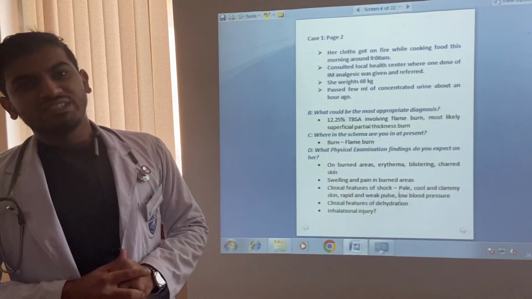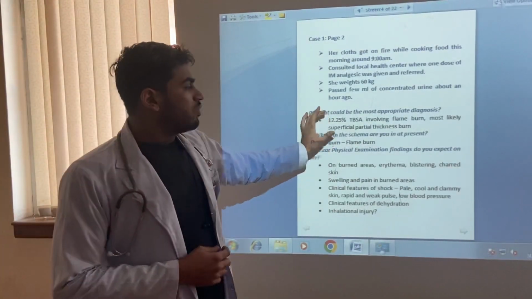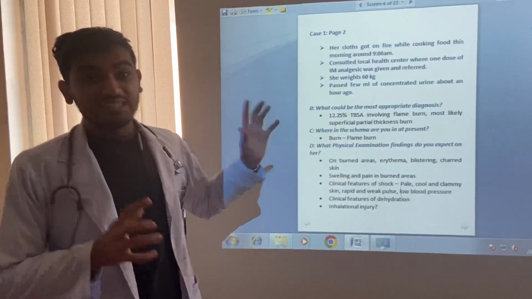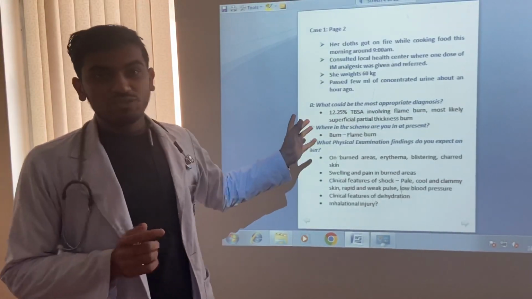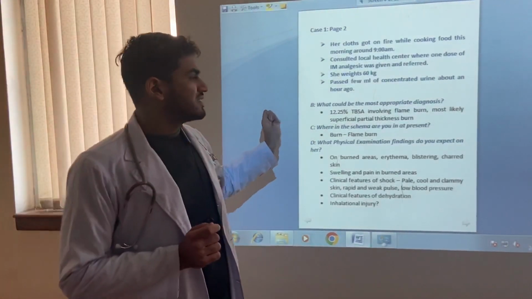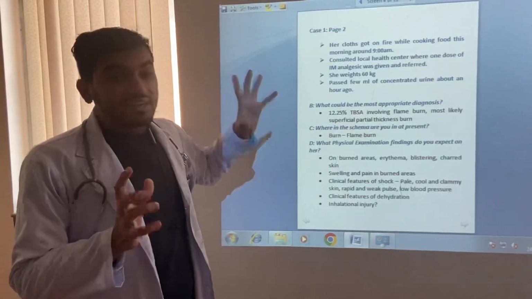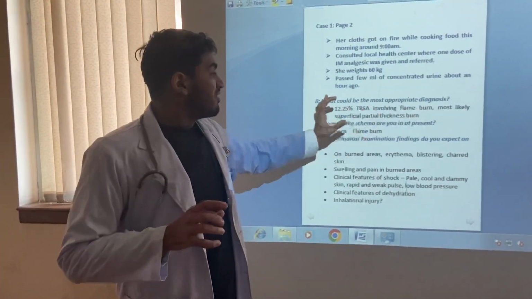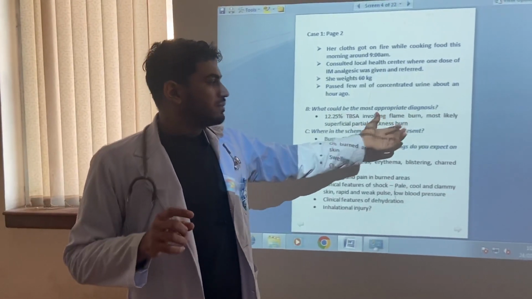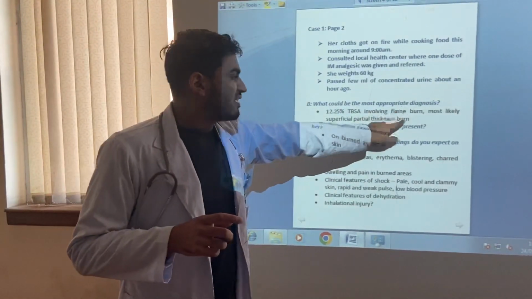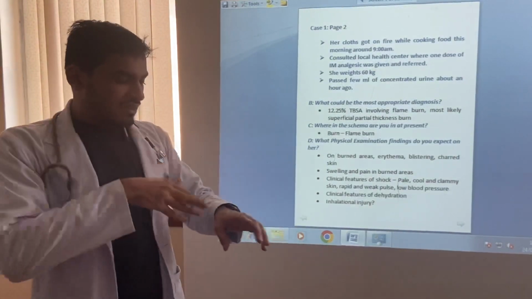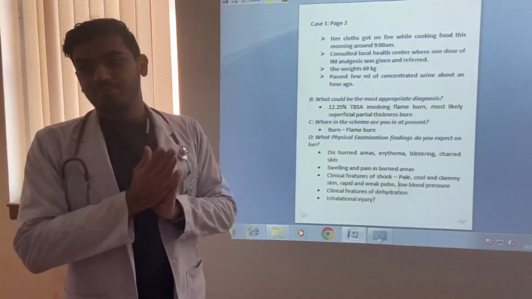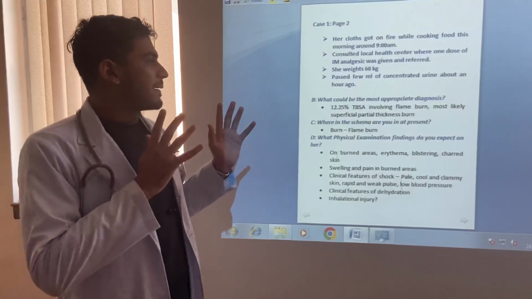For writing the diagnosis, we first write how much percentage of the total body surface area is involved. In this case, 12.25% of the total body surface area is involved, and then what causes the burn, like flame burn, and the thickness, like penetration or depth of the burn.